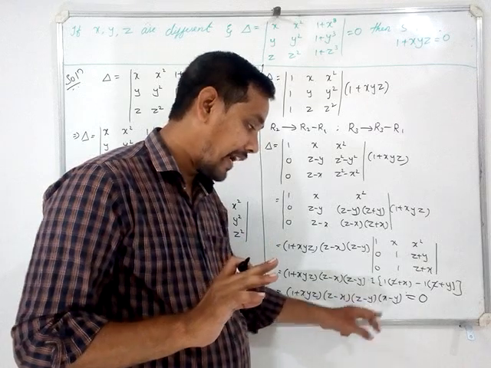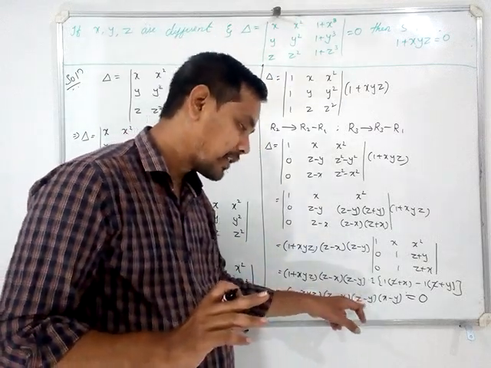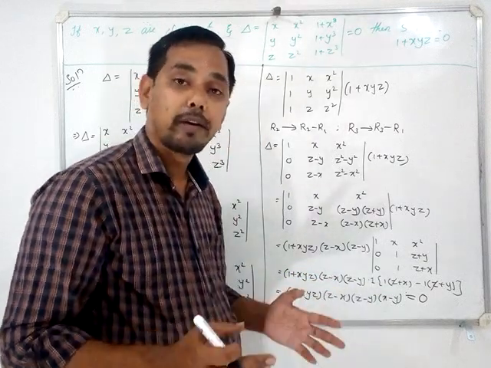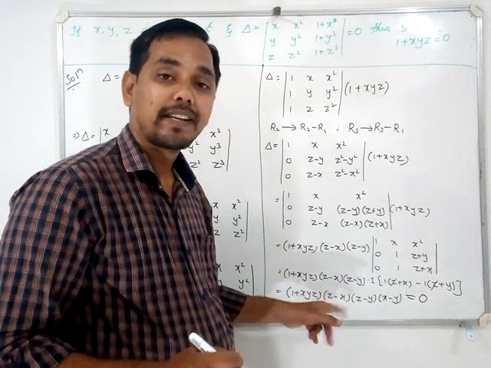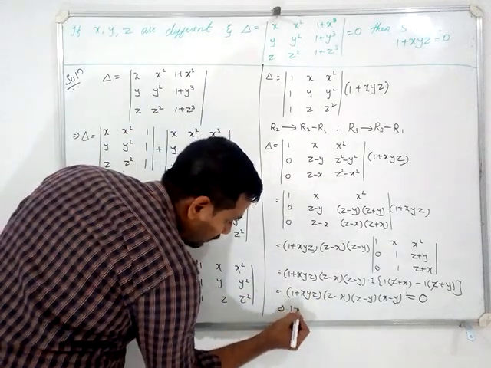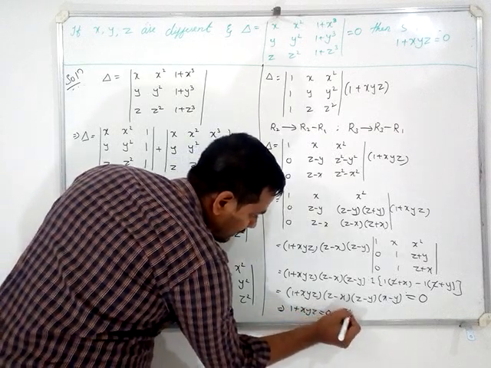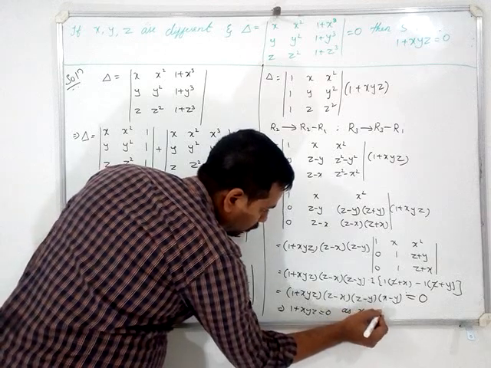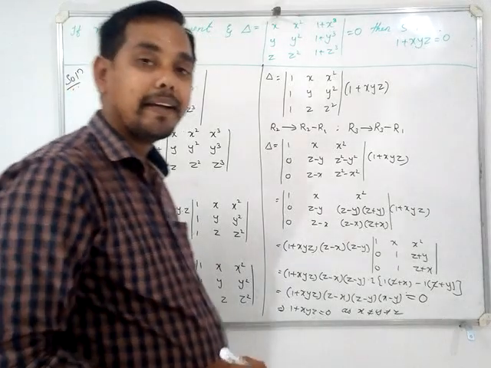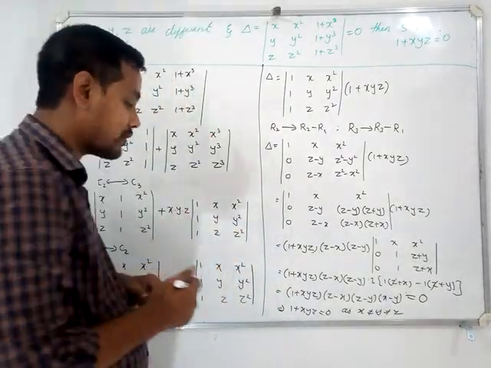Similarly, z minus y and x minus y also will not be equal to 0. When z minus x, z minus y and x minus y are not equal to 0, then 1 plus xyz will be equal to 0, as x, y, z are distinct. So 1 plus xyz is equal to 0.